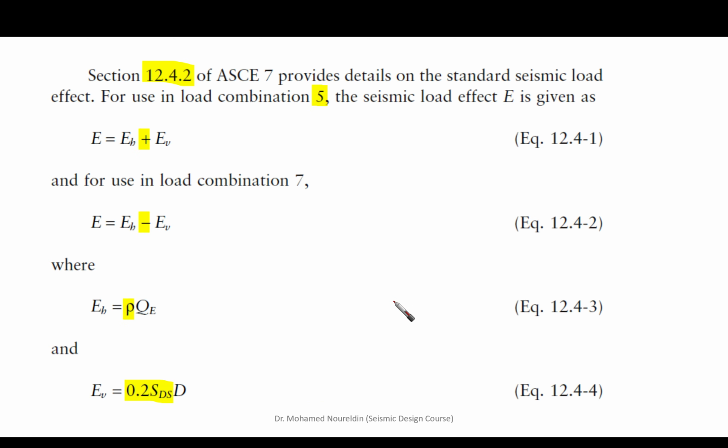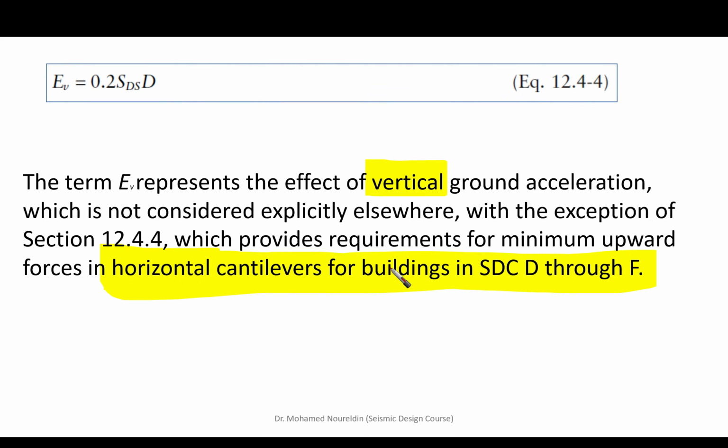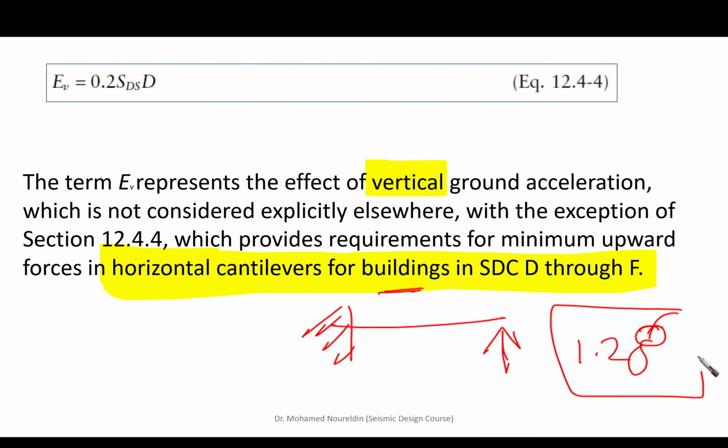Do you remember from the previous four or five slides, I was mentioning the cantilever? So if we have a cantilever, then we need to apply 1.2 G, the gravitational acceleration, upward. That's it, only because of the flexibility of the cantilever and the upward direction.